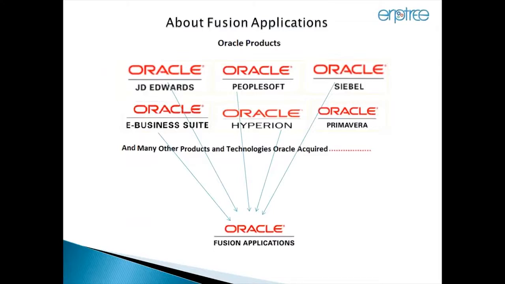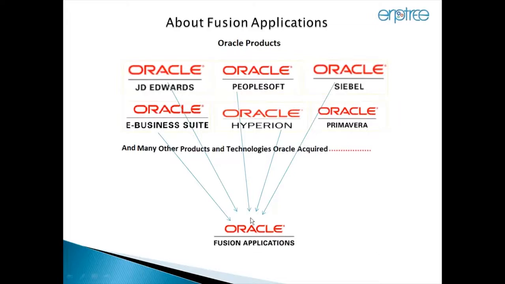If any client is going to use Oracle Fusion applications, they are not going to use just one legacy product. They are going to get a product that is very solid in all aspects of their business processes.